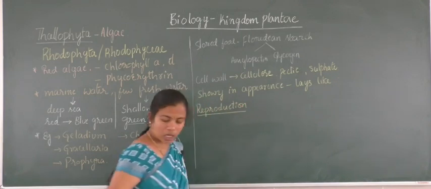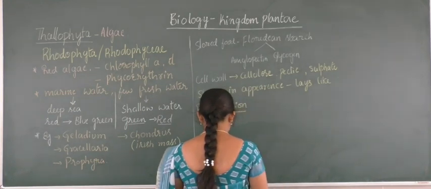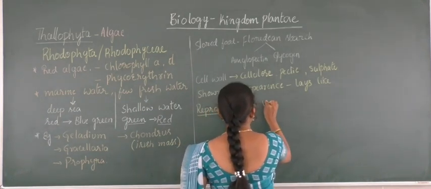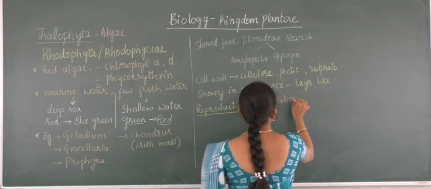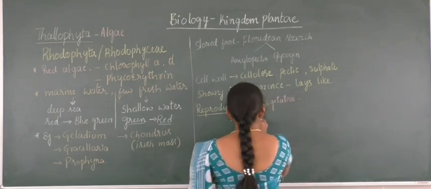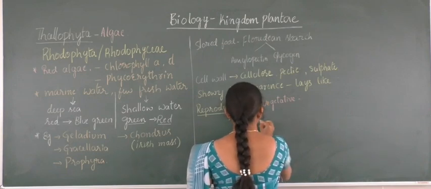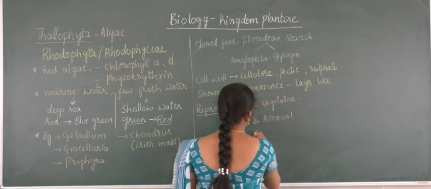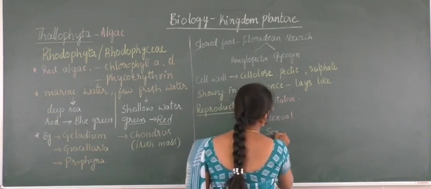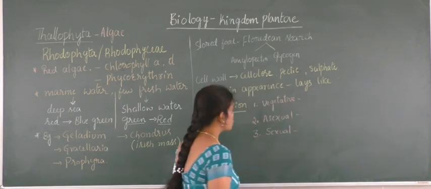Here the reproduction in case of Rhodophyceae is of three types. One is the vegetative method, the second one is the asexual method, and the third one is the sexual method.